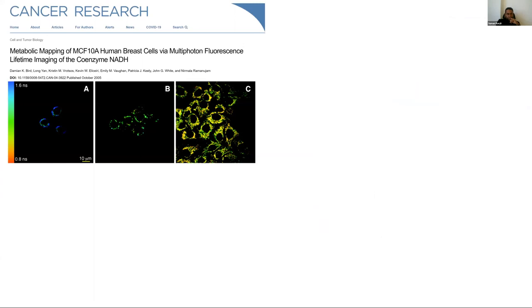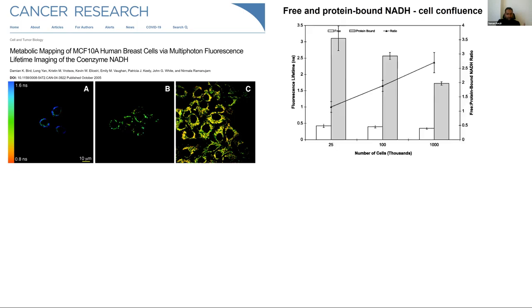So again, the first paper to use it was from Dimitra Bird and Nirmala Ramanujam's lab. I shouldn't make that up, but it's looking at MCF10A human breast cancer cell lines, looking at NADH, right? These are under differential cell confluence.